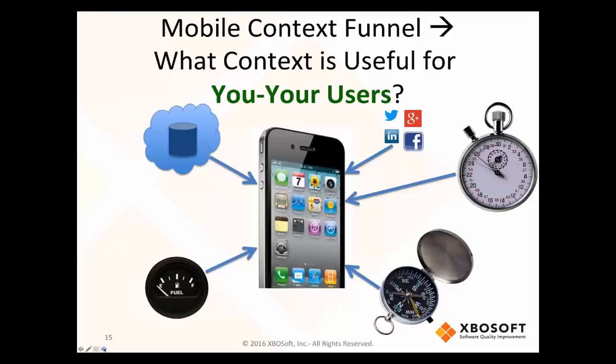The mobile phone is really serving as a contextual and data hub for all of our applications. And so the question is, as an application developer, how can you use this information and this data to give a better experience for your users?